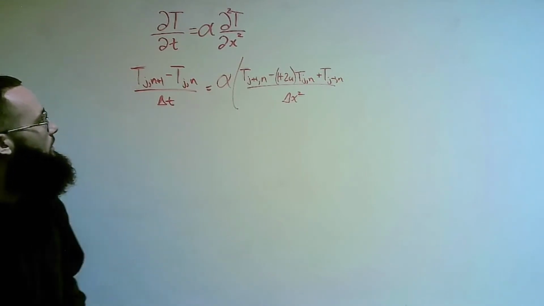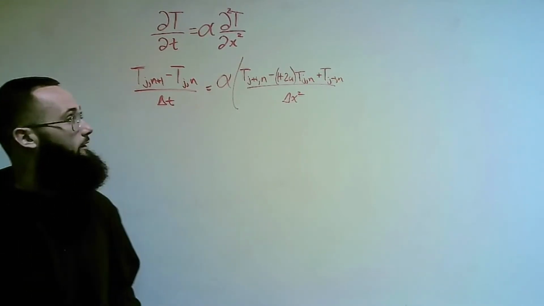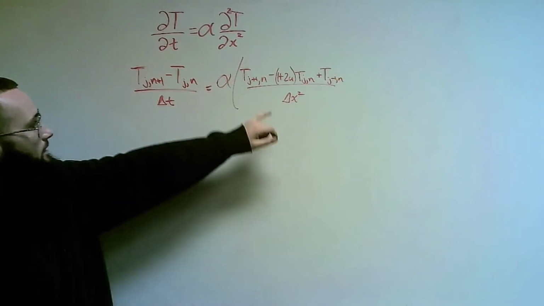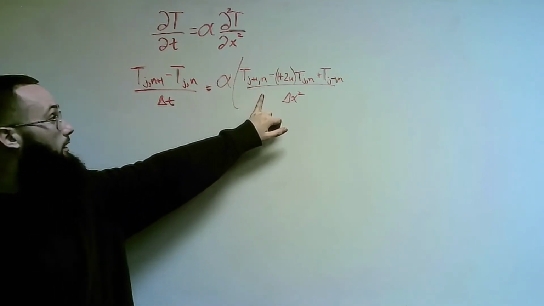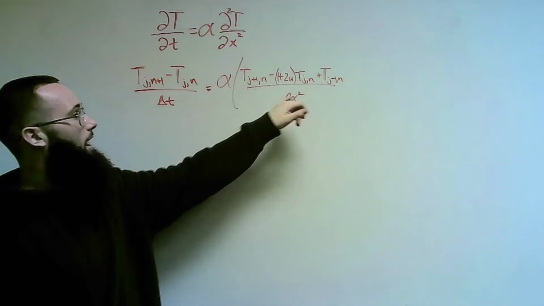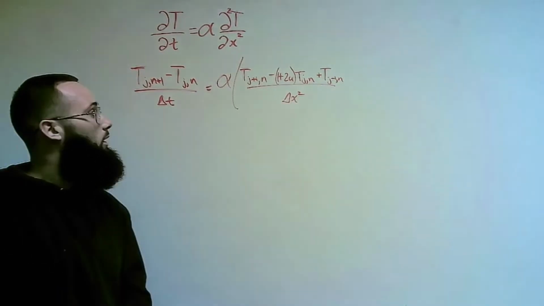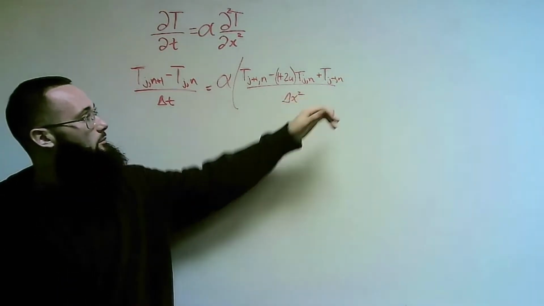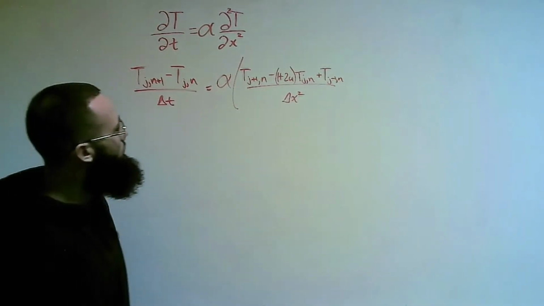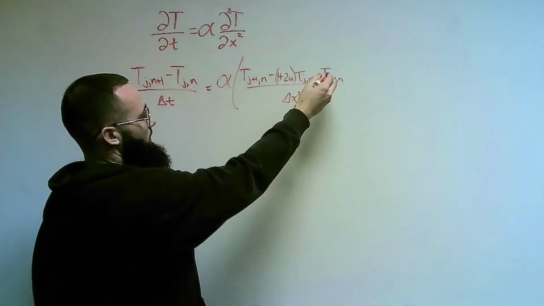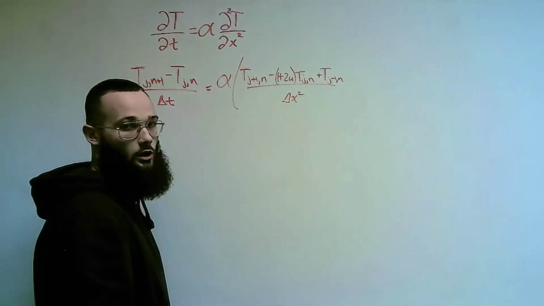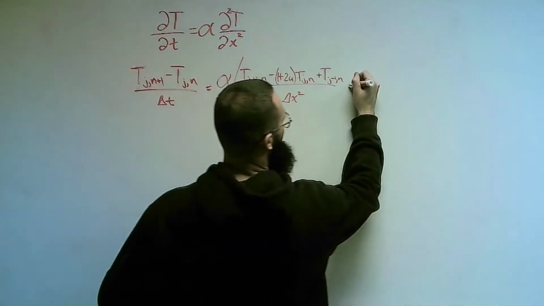But for Crank-Nicolson, to make this a little bit more accurate, it's going to take the average of these positions at time n, as well as these positions at time n plus 1. So what we're going to do is take all these same positions at n plus 1 and add it to this.